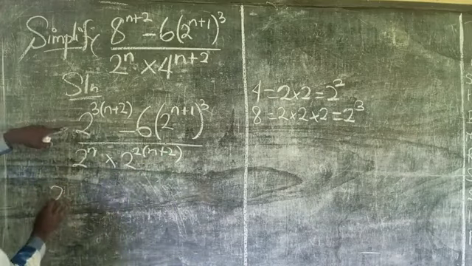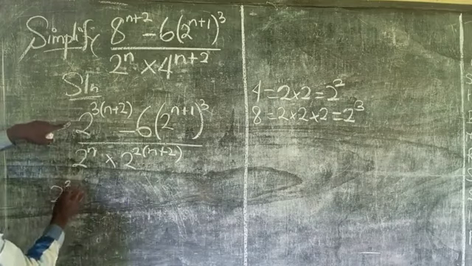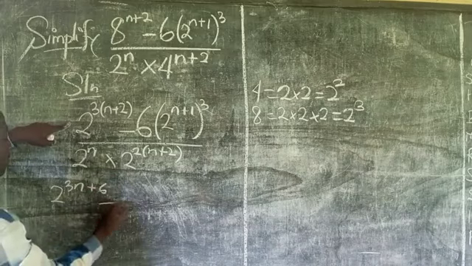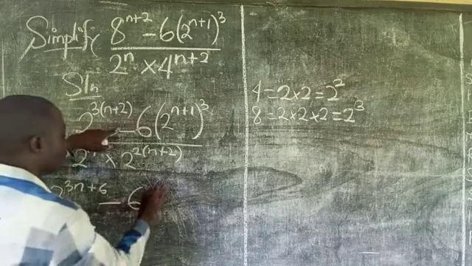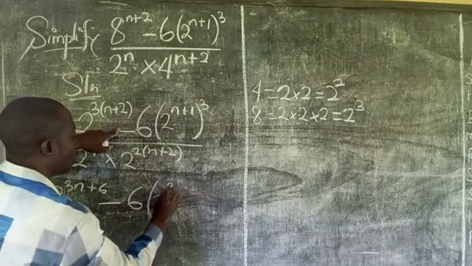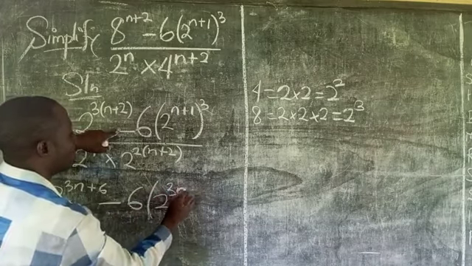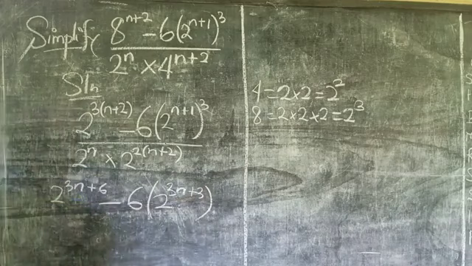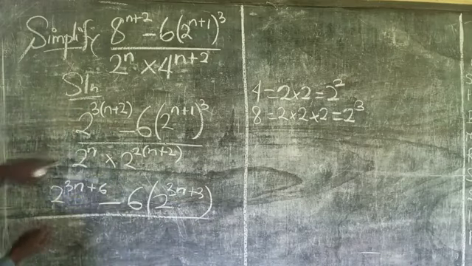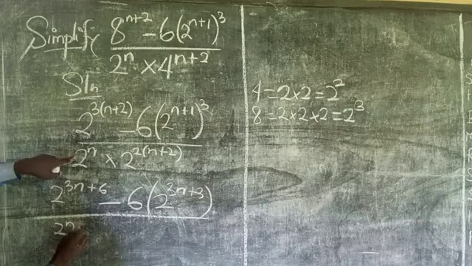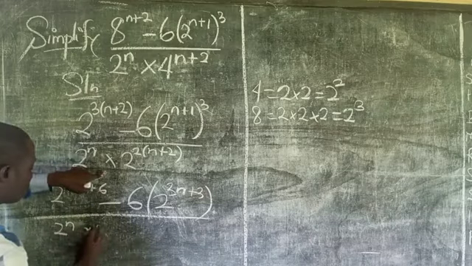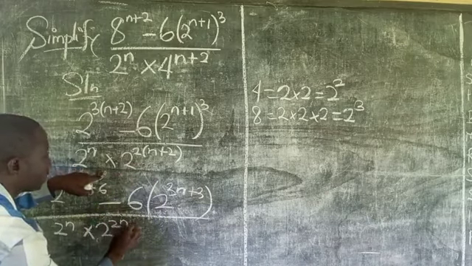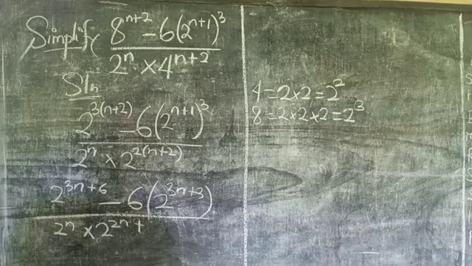From the top, we have 2 raised to power 3n plus 6, minus 6 into 2 raised to power 3n plus 3, all over 2 raised to power n times 2 raised to power 2n plus 4.